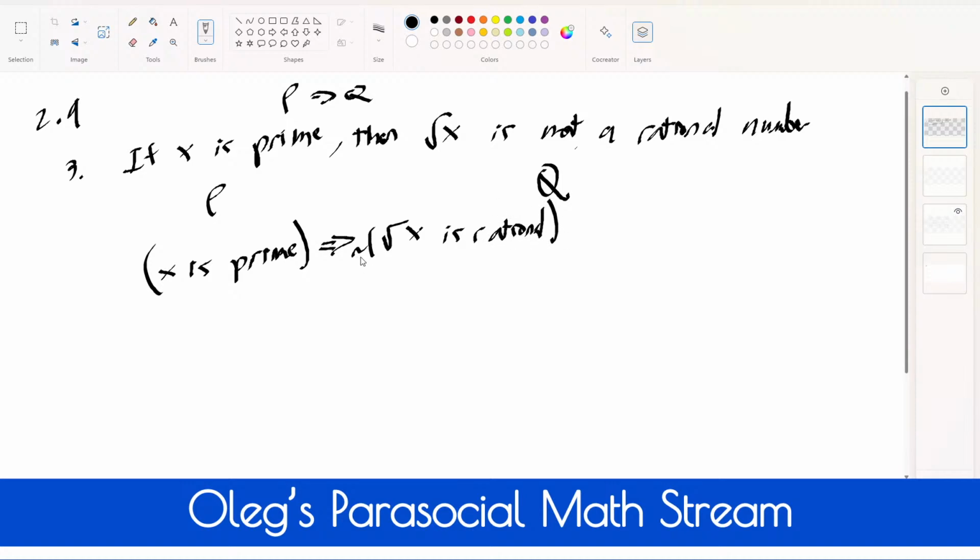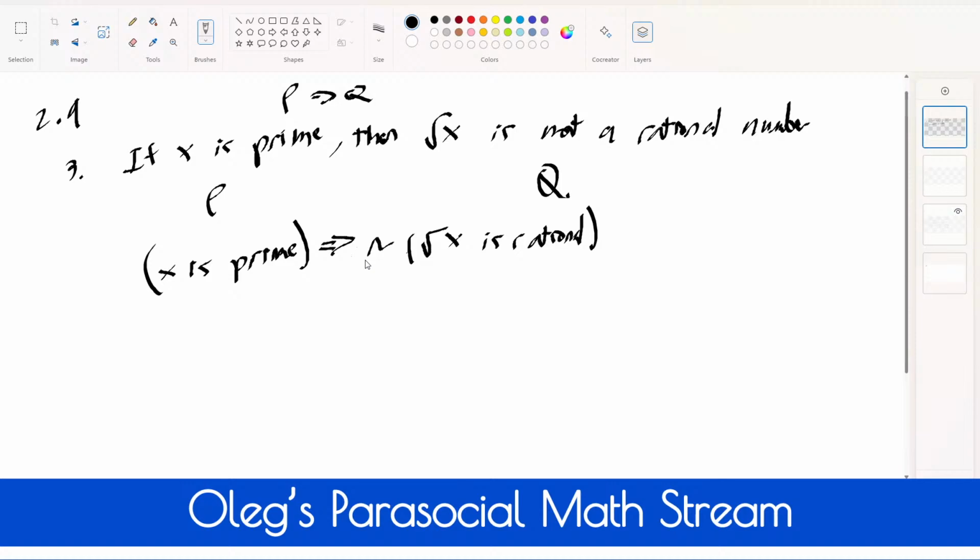Notice I put the not in front of it there. Let me just move this down a little bit so I could have more room for it. It's just like a negative sign, essentially. I'm saying x is prime, which implies not root x is rational. All right, and we have our p and q.